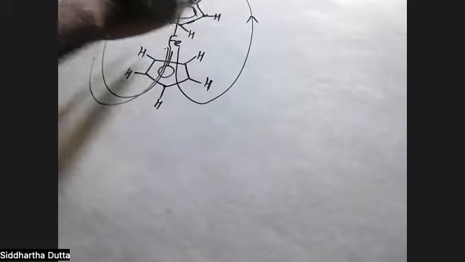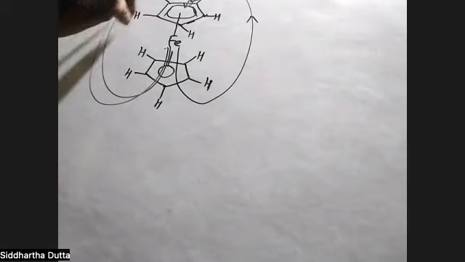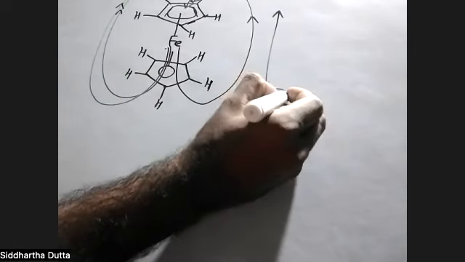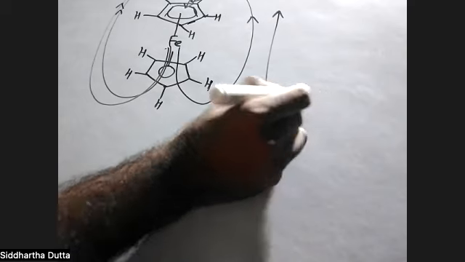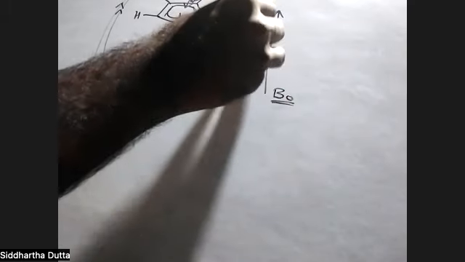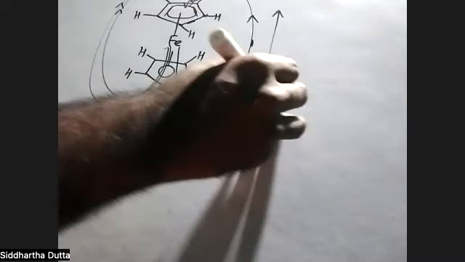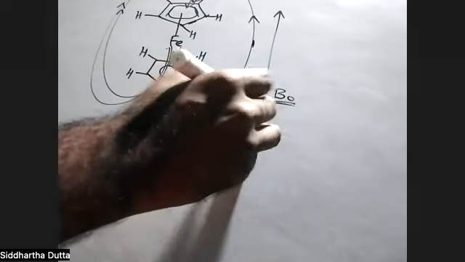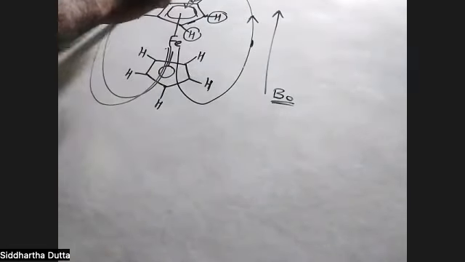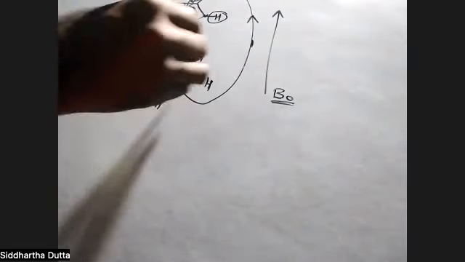This is the direction of the external magnetic field, and these magnetic lines are parallel to this. So the effective external magnetic field, or the effective field, increases. So the hydrogens in the NMR spectrum are deshielded. So they have a high chemical shift, a high delta value.